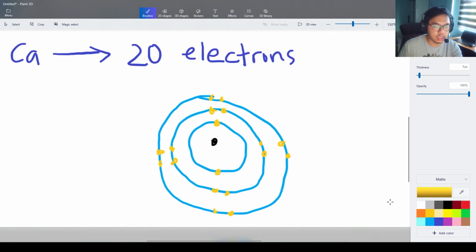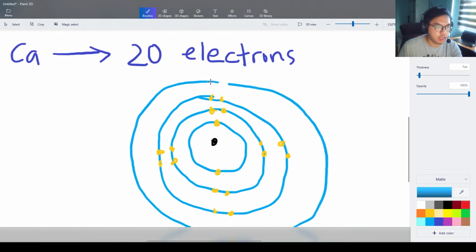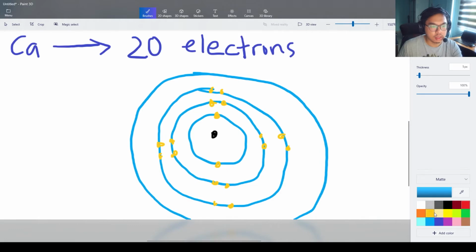Now that the third shell is also full, we move on to the fourth shell. So there's 18 now, 19, and then 20. Okay, so that is the electronic configuration or electronic structure for calcium.